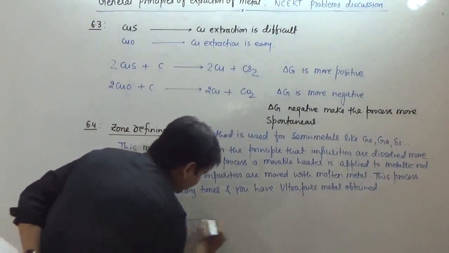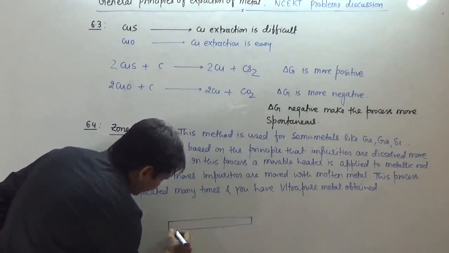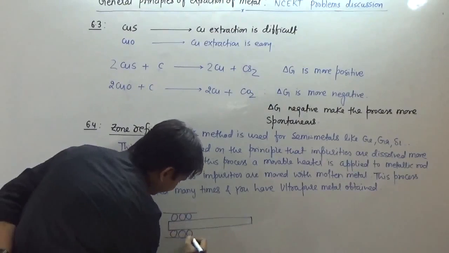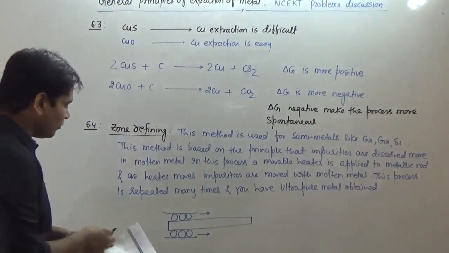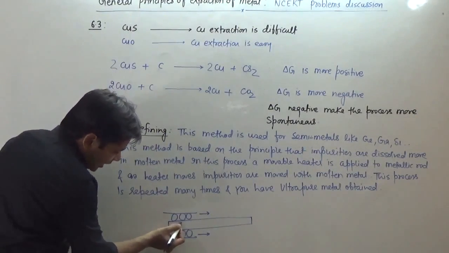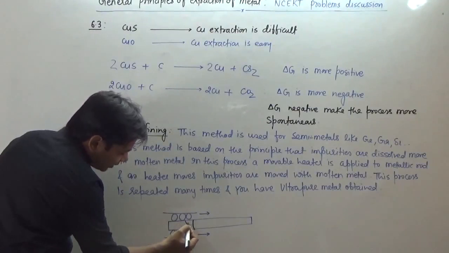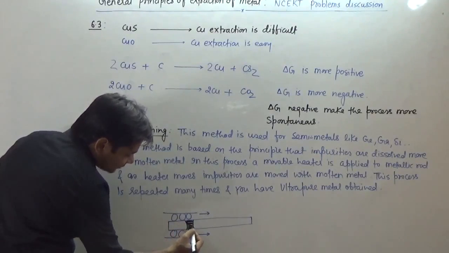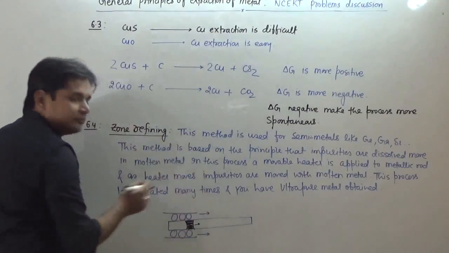If you look at the process, I am just starting with a metallic rod and I am applying a heater. This is the circular spherical heater and it has to be moved. As it moves, it melts this portion, and the molten part, the black part here, moves slowly along.